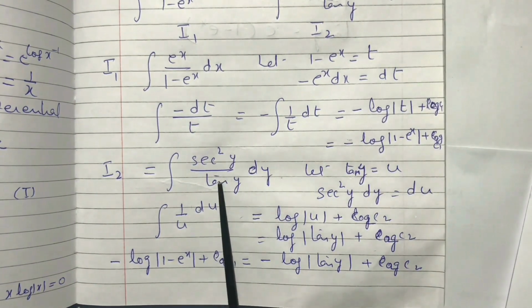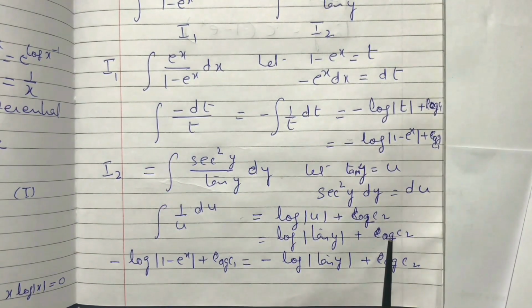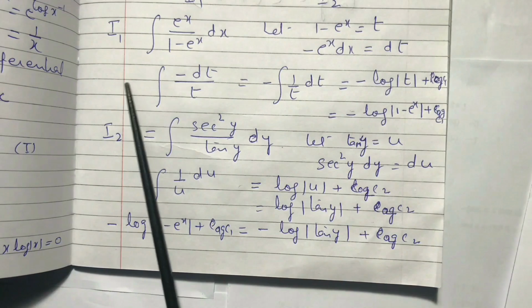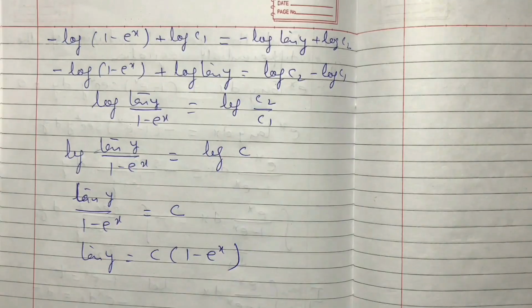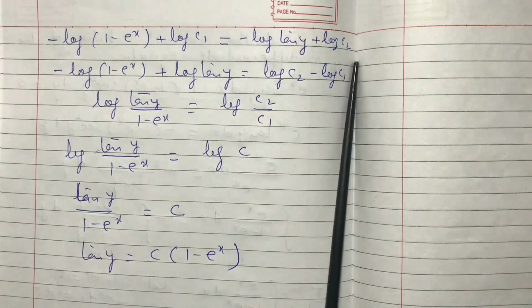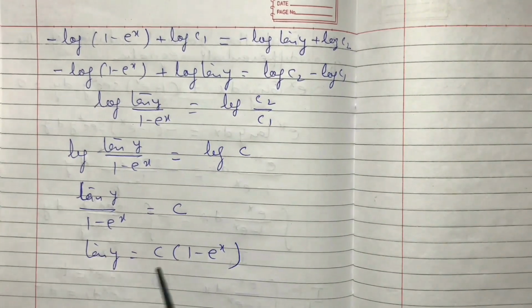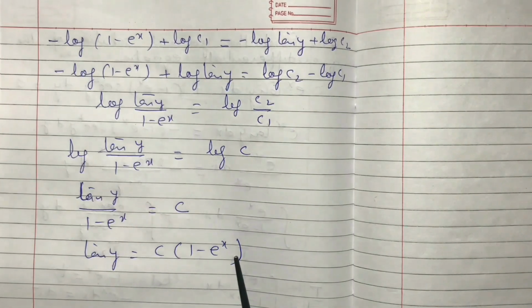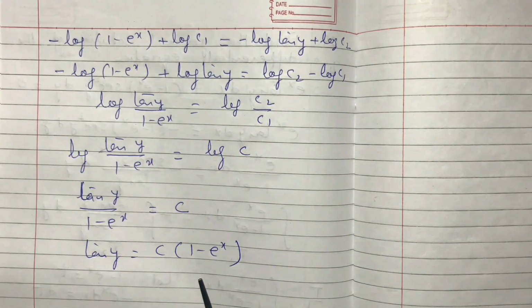This is f(x), this is f dash x, so directly you can write this. Now I1 is equal to I2. So you have this. Now after solving this, you will get this as result. tan y is equal to c times 1 minus e raised to power x. Now solve it. You should get this result.